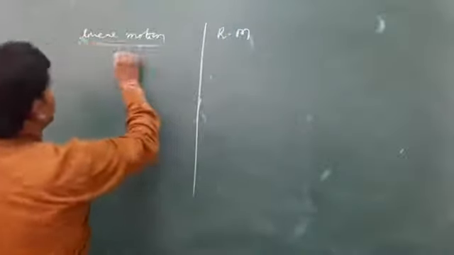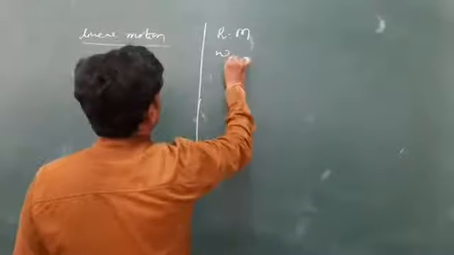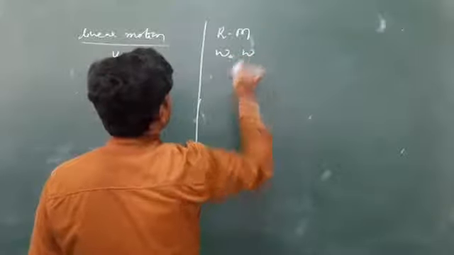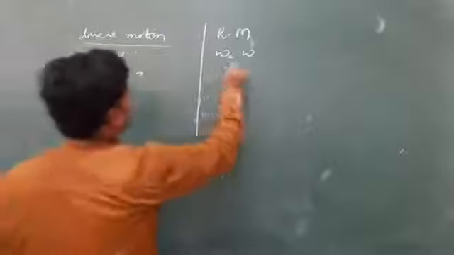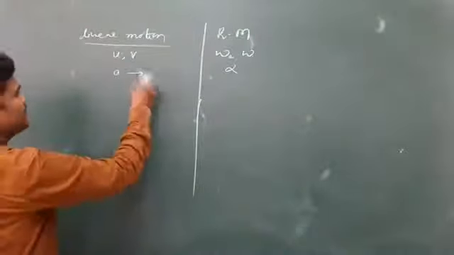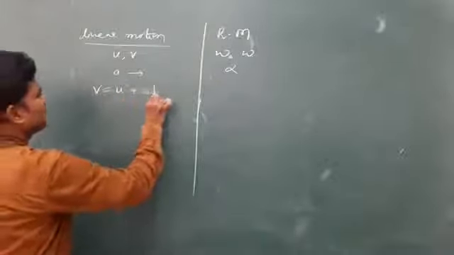In linear motion, u and v are the initial and final velocities. In rotatory motion, omega naught and omega are the initial angular velocity and final angular velocity. a is the linear acceleration; here a turns into alpha. And time is the same. You know equations like v equals u plus at.